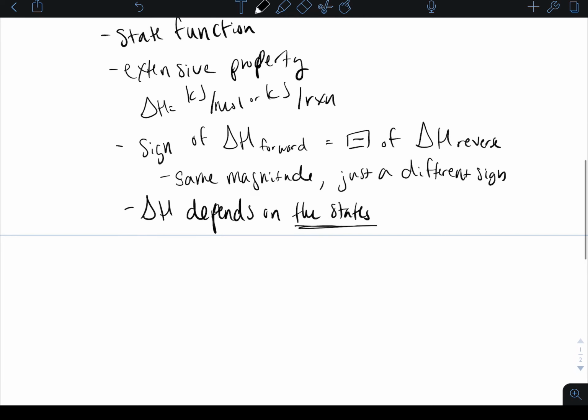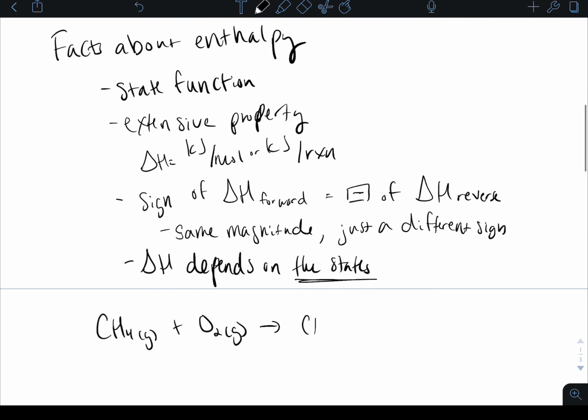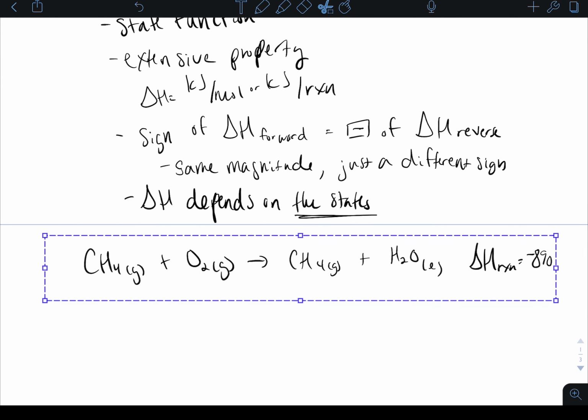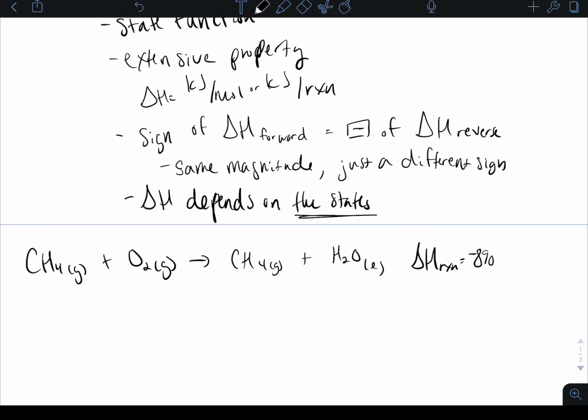So let's actually try this. We have that methane reaction, the combustion of methane. And as I said, this has a delta H of reaction equal to negative 890 kilojoules per reaction.